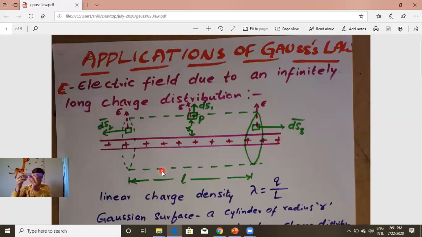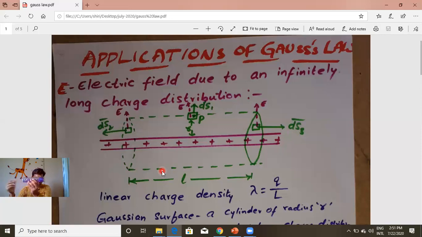One face circular, the other face is also circular. This entire thing is curvature. Here is our point. At this point, the electric field is due to even this charge, so I am considering this entire cylinder. The wire is a very lengthy wire, but here at this point, the effect of electric field by this charge is null, there is no effect.